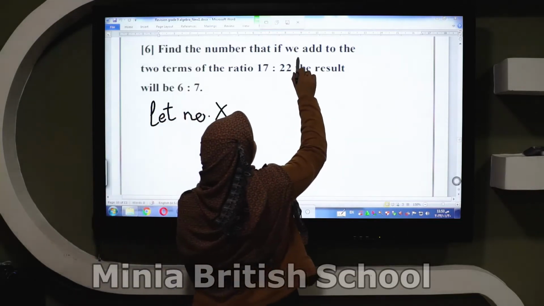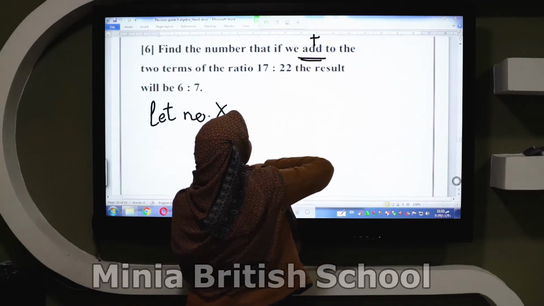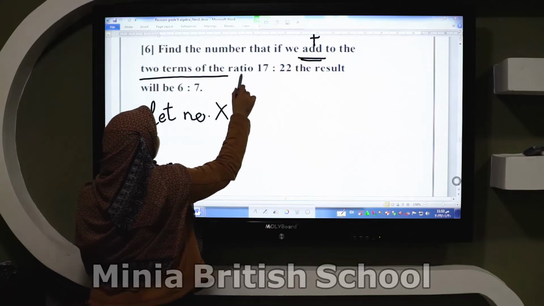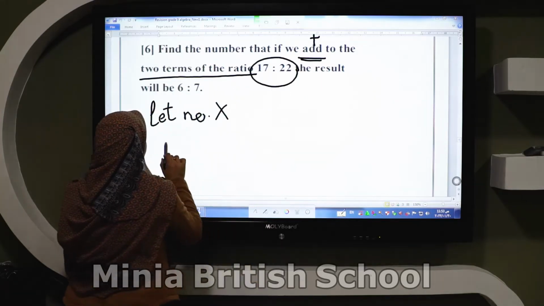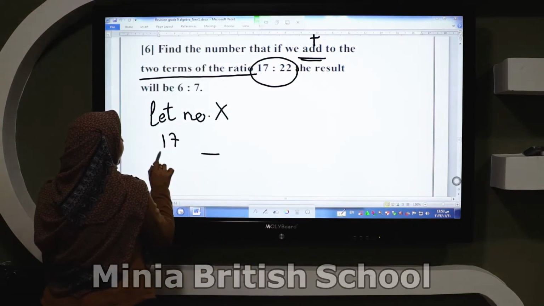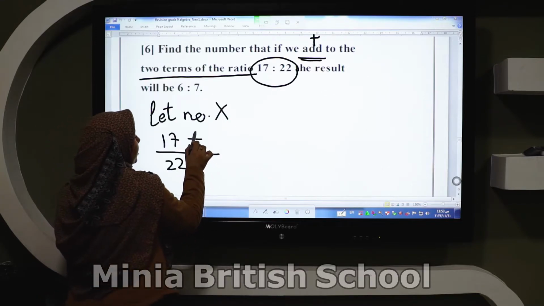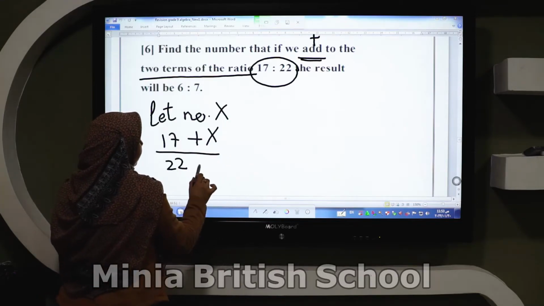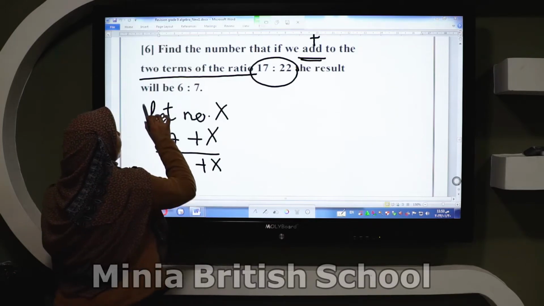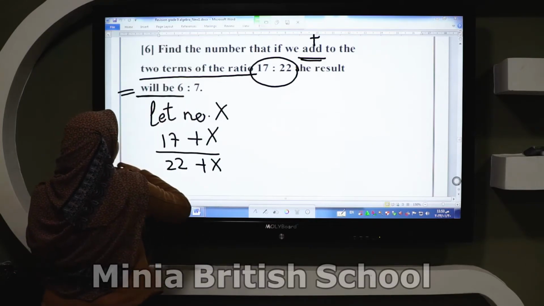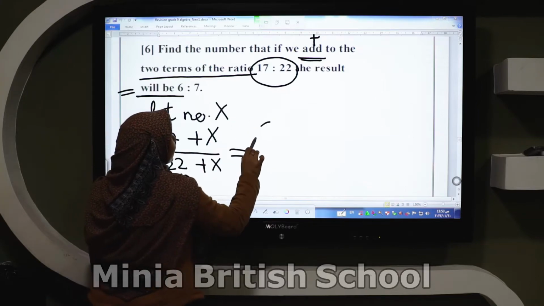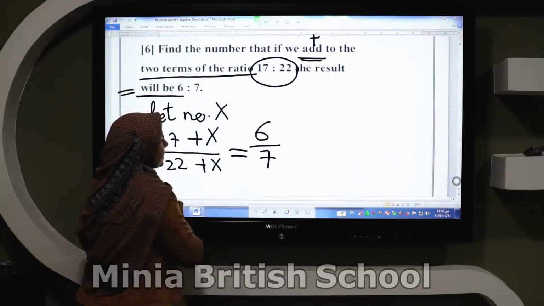If we add x to the two terms of the ratio 17 over 22, so plus x here and also plus x here, it will equal 6 to 7.